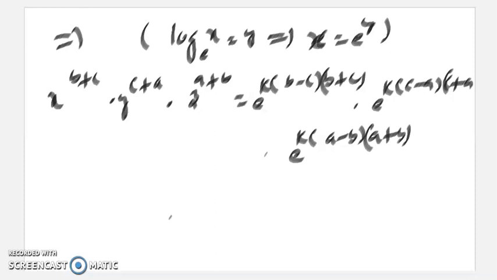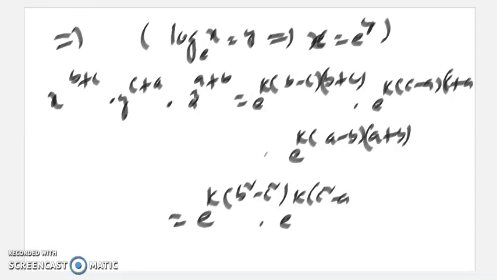Now from that, b minus c into b plus c form gives b square minus c square, into e power c square minus a square, into e power a square minus b square.